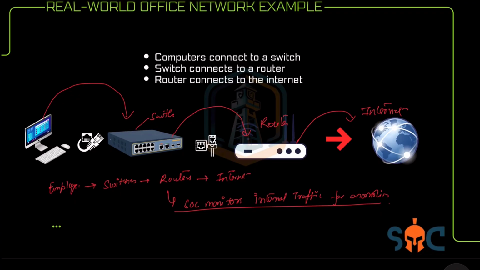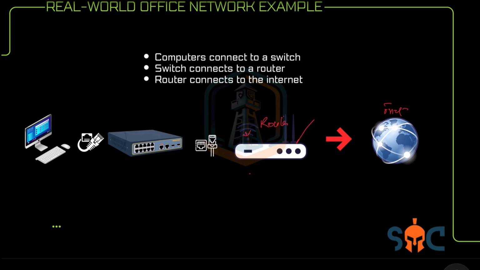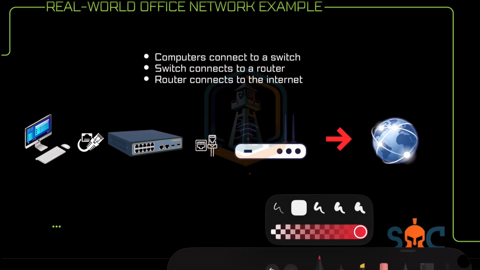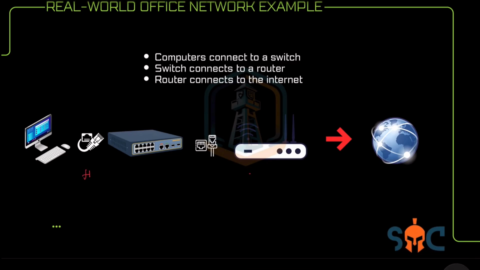Okay, so we'll go through the final recap of all the three network devices which we discussed. Let's start with the hub, after that the switch, after that the router. The hub is a layer 1 device, that is our physical layer.